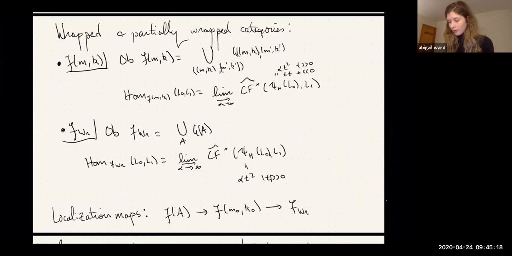I'm going to call that F_{M,K}. You take the union over all the Lagrangians that have M', K', whatever other linear boundary conditions at the other end, but they obey the m_k boundary conditions at the t much less than 0 end.